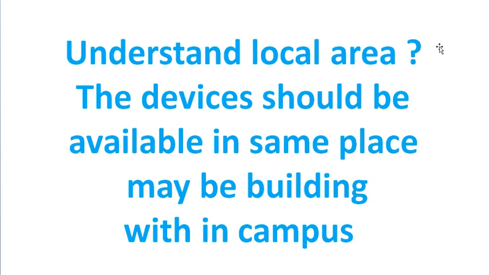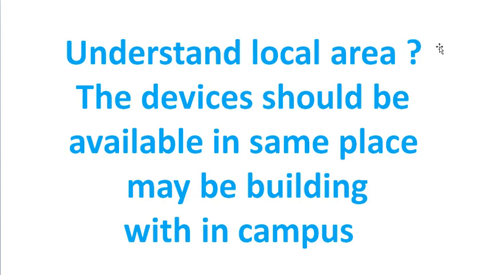Understand local area. Local area means all the IP addressed devices are placed in the same place, within the campus or within the building. Then we connect the devices through wire and use a centralized hub or switch for network communication.